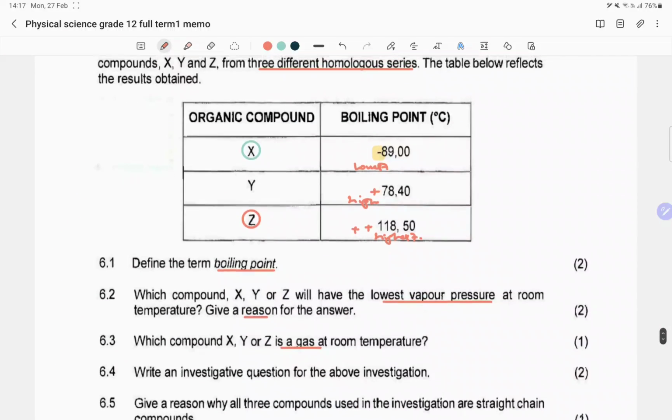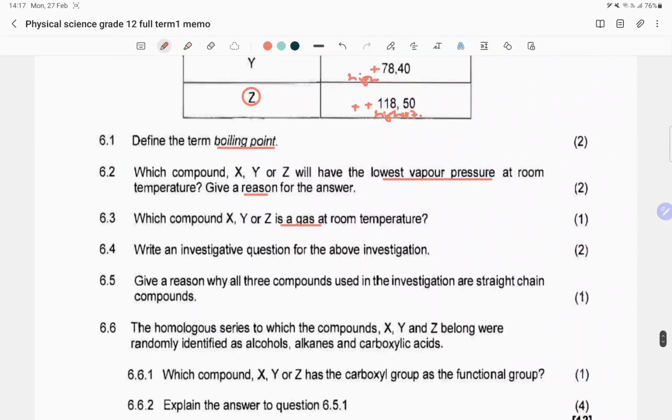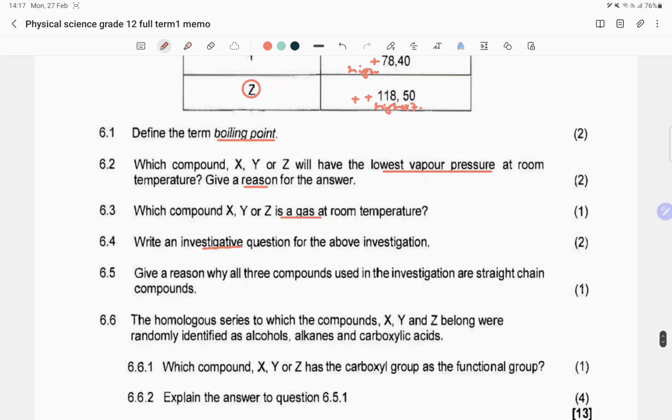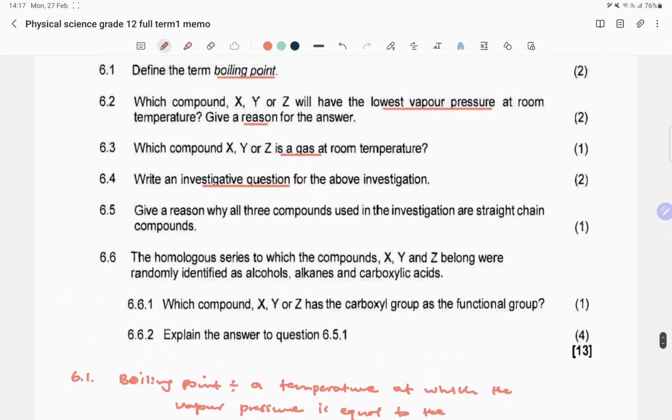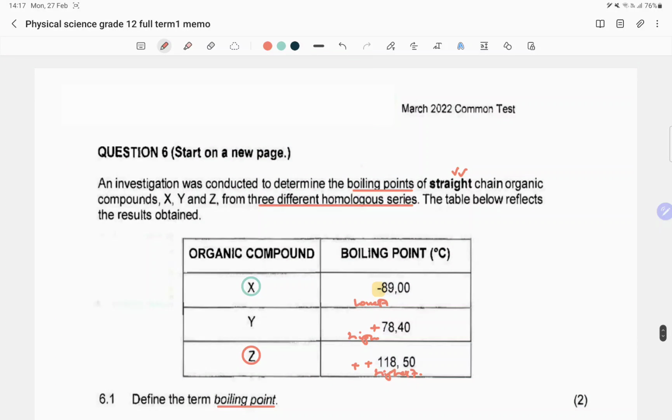6.4. What does 6.4 want? It says, now write an investigative question for the above investigation. Okay, we can see here that we want to know what is the influence of a functional group on the boiling point.